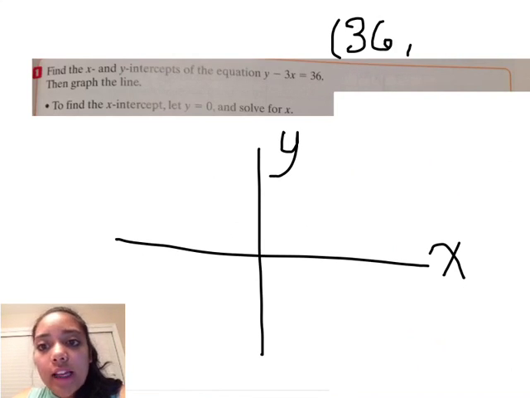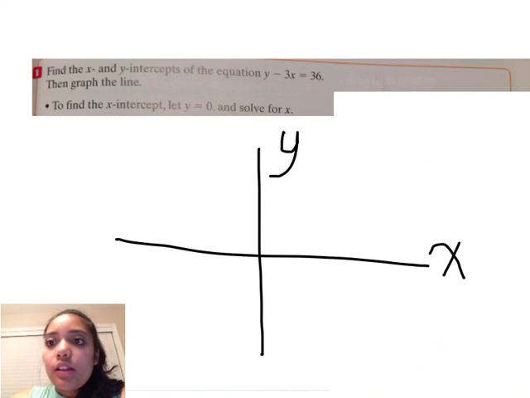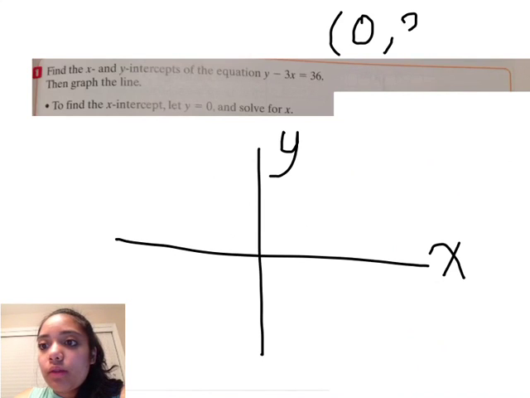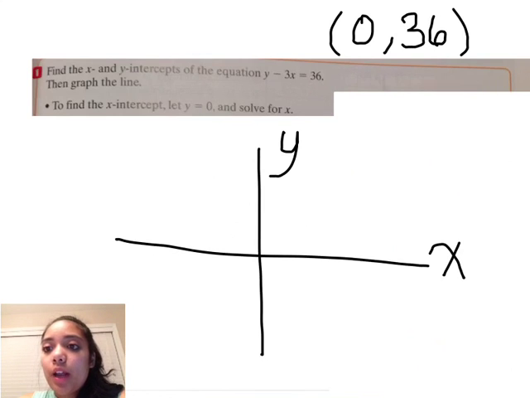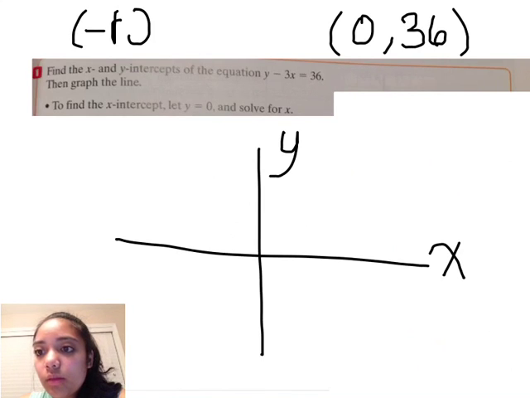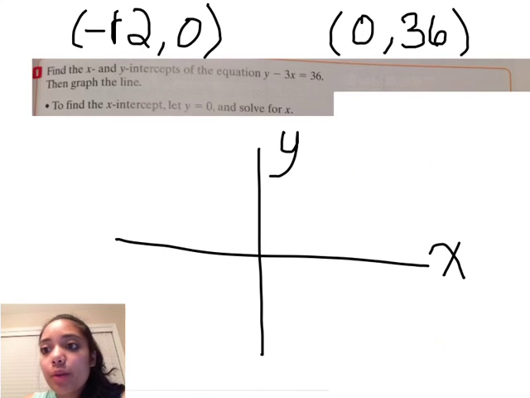And then to get x by itself, I have to divide by negative 3, divide by negative 3, and x equals negative 12. So my point is going to be when x is negative 12, what is y? Well, y is 0 because that's what I plugged in. So that is how I would find my x-intercept. Now I'm going to do my y-intercept. The difference is that when I have a y-intercept, my x value equals 0.